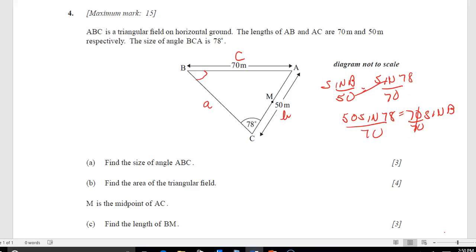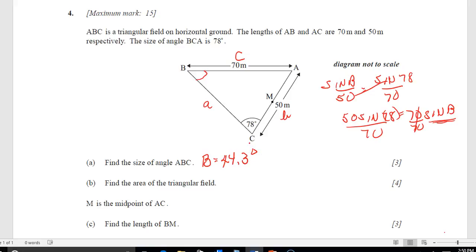Go to your calculator, punch in 50 sine 78. Now be sure to close those parentheses. And then divide by 70. And then you're looking for the angle, so you want to hit inverse sine. And if you do that, you should turn up with angle B equals 44.3 degrees.